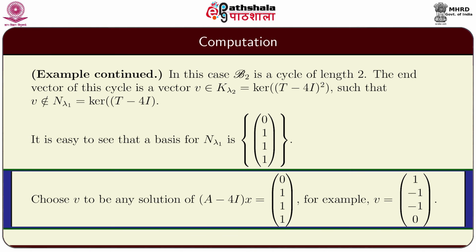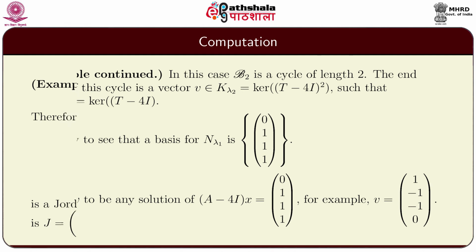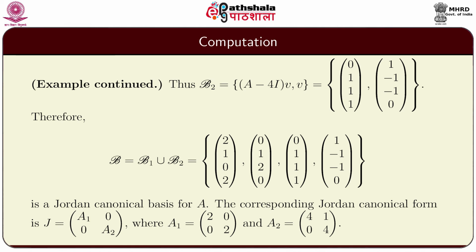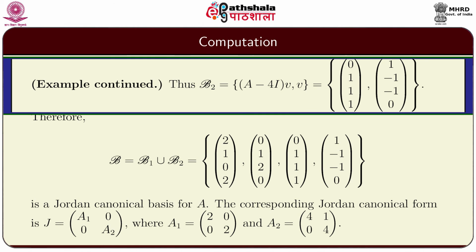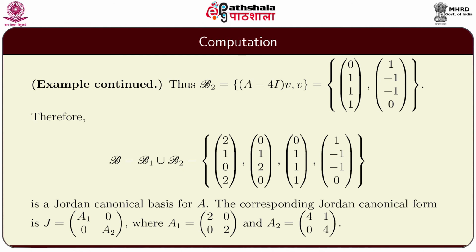Now, choose V to be any solution of (A - 4I)x equal to (0, 1, 1, 1). For example, V equal to (1, -1, -1, 0) would do. Then B2 is {(A - 4I)V, V}, and that is this set consisting of the vectors (0, 1, 1, 1) and (1, -1, -1, 0).